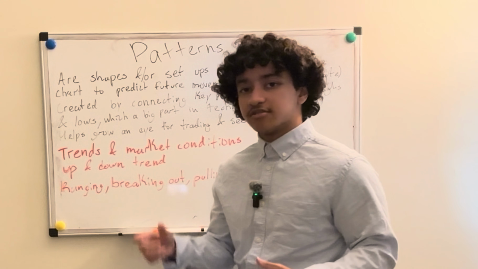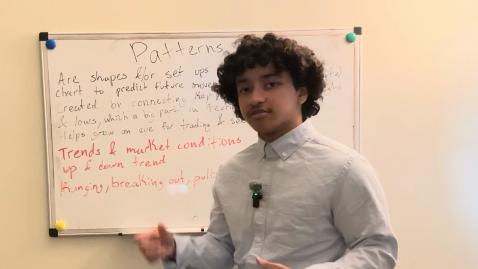Now, let's get over trends and market conditions. We already know the basic trends. We have an uptrend, formed by higher lows, higher lows, higher lows, and higher highs, higher highs, higher highs. Sorry, I was wrong about that earlier.